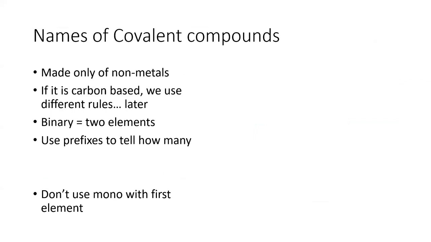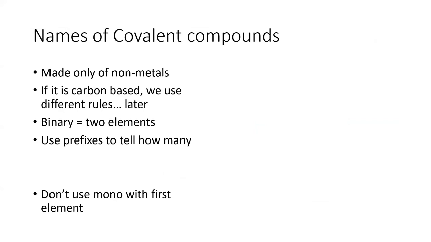These are made only of non-metals. So if you think back to when we were talking about the periodic table, we said that there's this diagonal line, it's these brown elements here, and to the left of them, most of the elements are going to be metals. But to the right, all of this green and blue stuff, those are non-metals. Those are the only elements allowed to be in here.